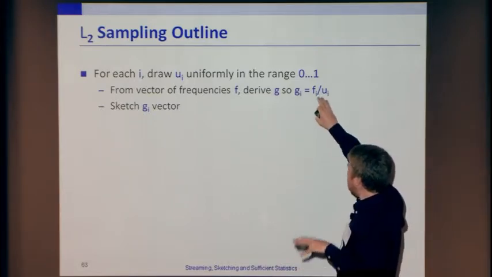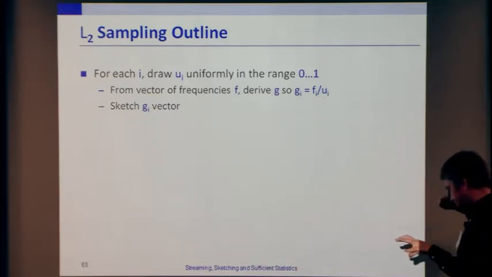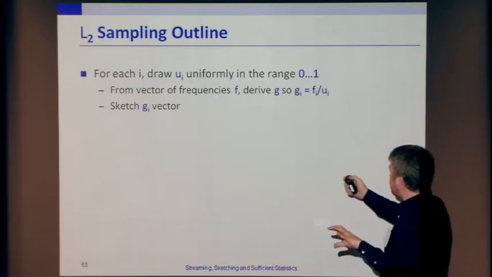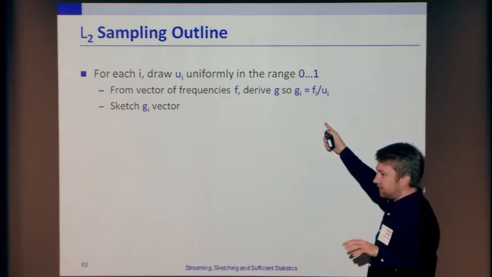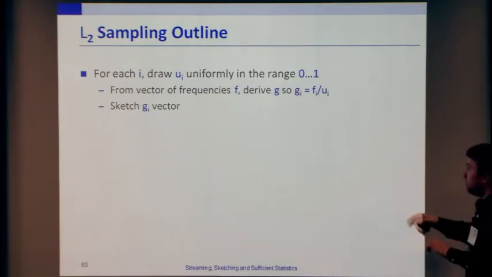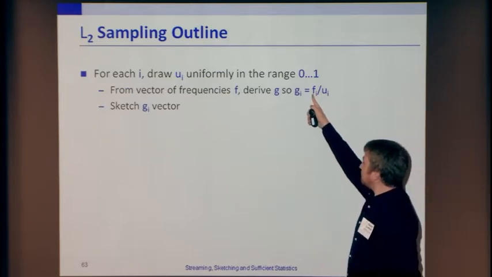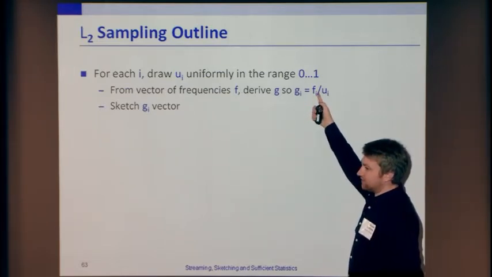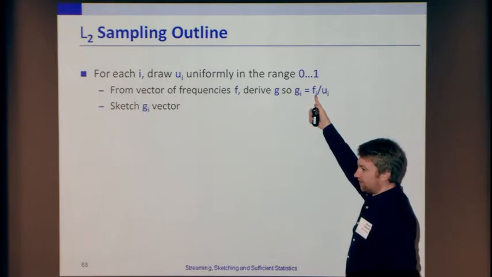What's the intuition here? We're going to be looking for large frequencies in the vector g. And what's the chance that some element has a large frequency? It has a greater chance of having a large frequency if it was large in the original vector f.